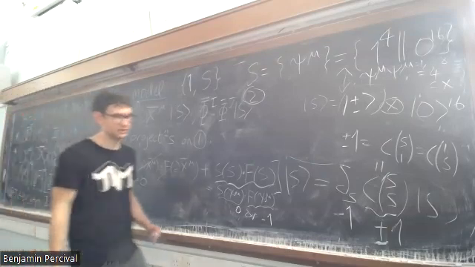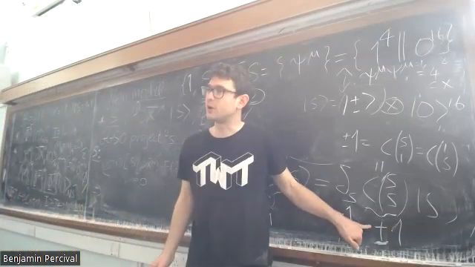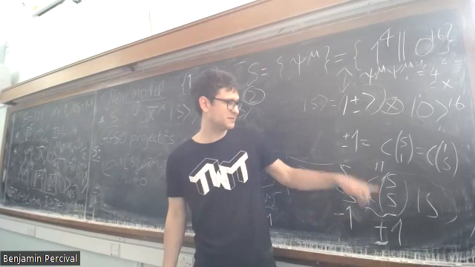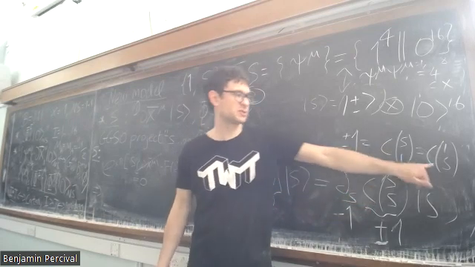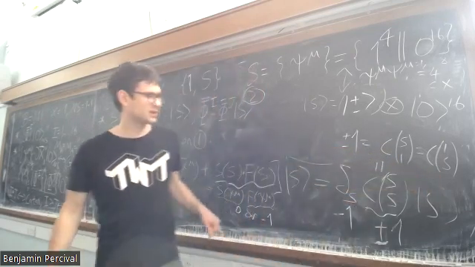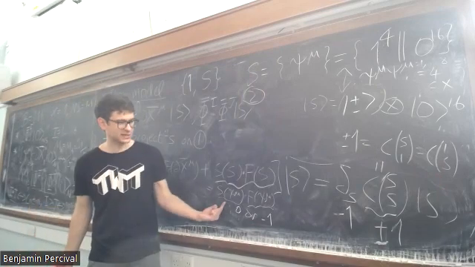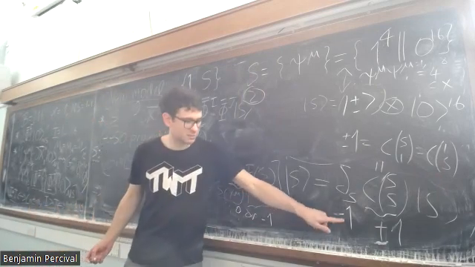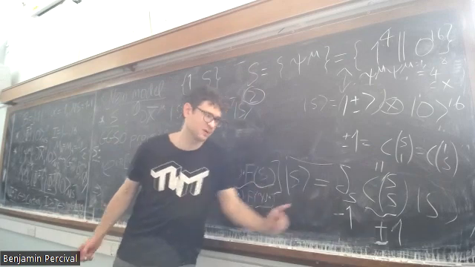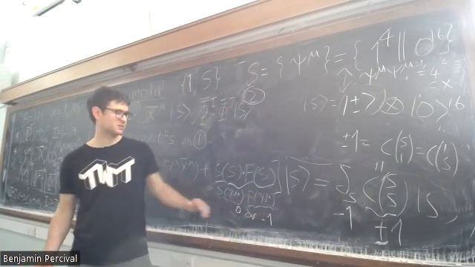If we choose +1, so if this phase is +1, then this side is going to be -1, because it's -1 + 1.